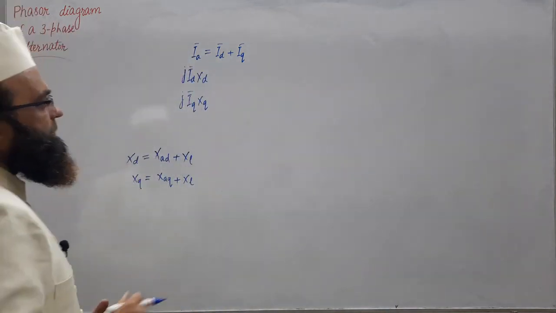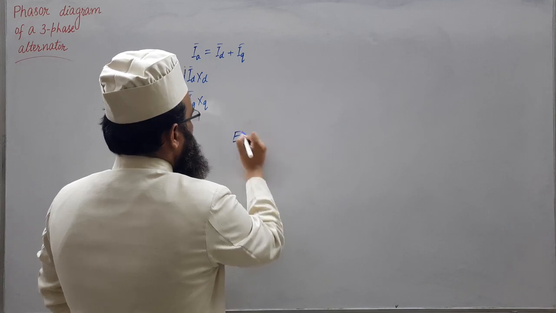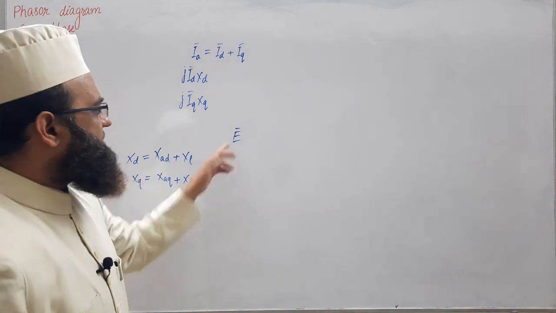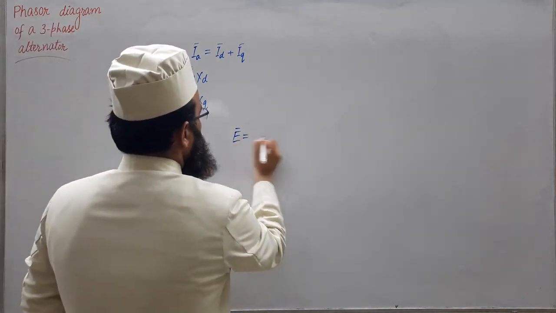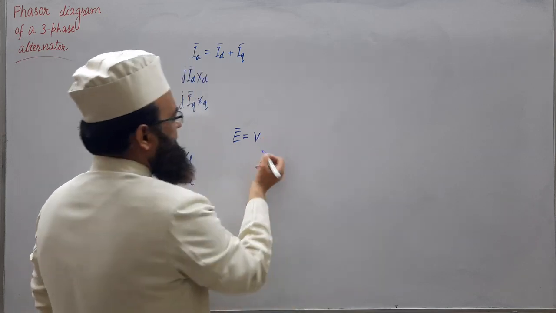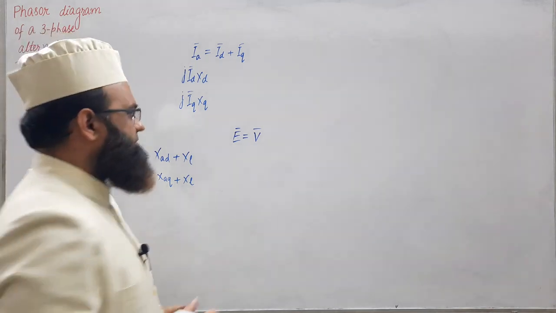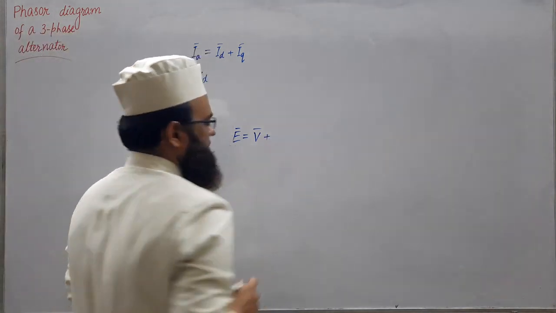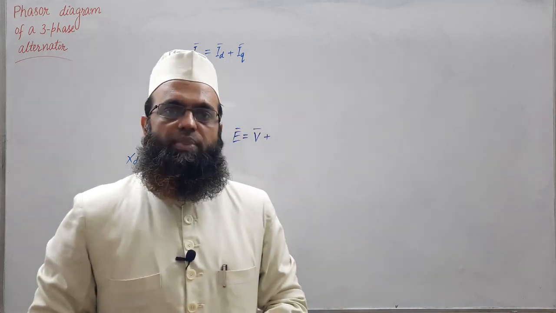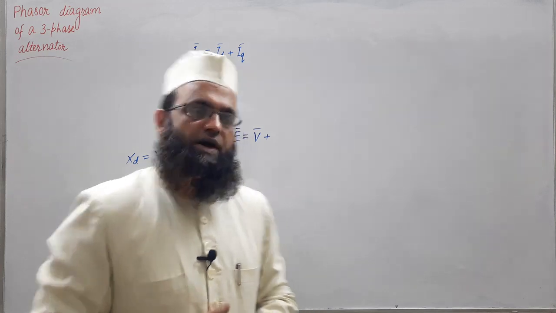Now the per phase induced EMF, that is the internal induced EMF or excitation EMF, may be written as the per phase stator terminal voltage Vt, or simply V, plus some drops. These drops are along the armature winding due to armature resistance, IA RA.